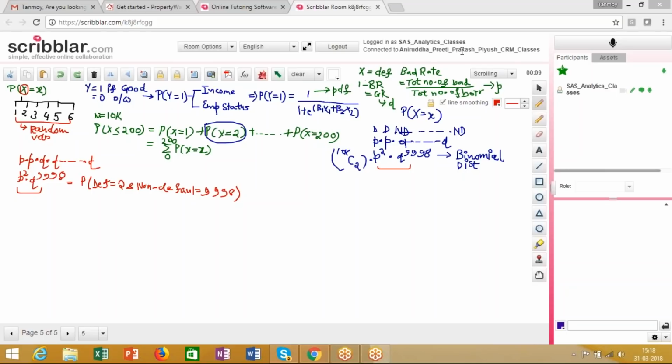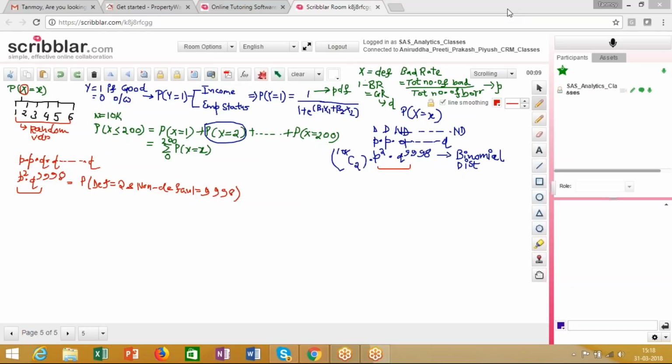So basically, I'm computing the probability of x equal to 0 and failures equal to 10,000, plus the probability of x equal to 1 and 9,999 failures. When I add the two up, I get the probability of default happening fewer than 2 times. Yes, great.